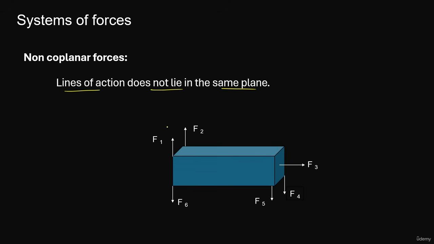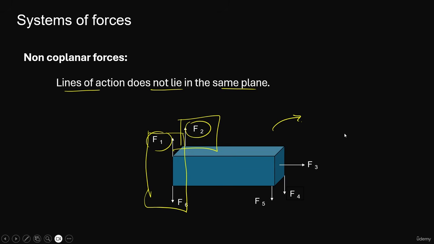Here you can observe F1 and F2 are in different planes. F1 and F6 might be collinear, so these two will be in a single plane, whereas F2 is in a different plane. Here the complexity increases, and the calculations and mathematical equations also increase parallelly.